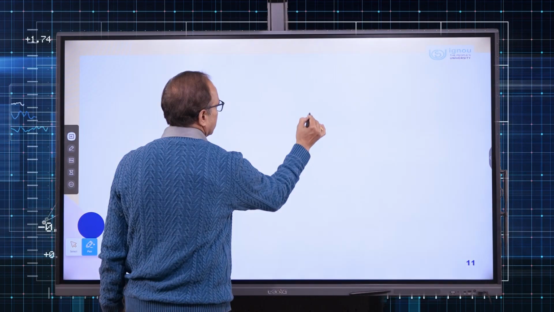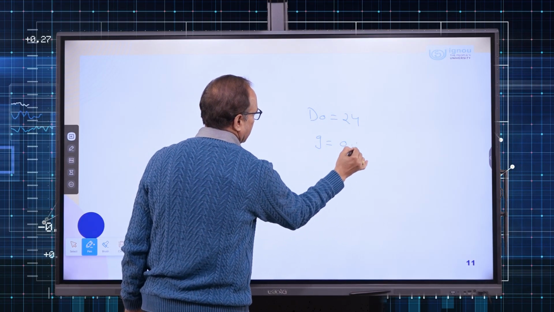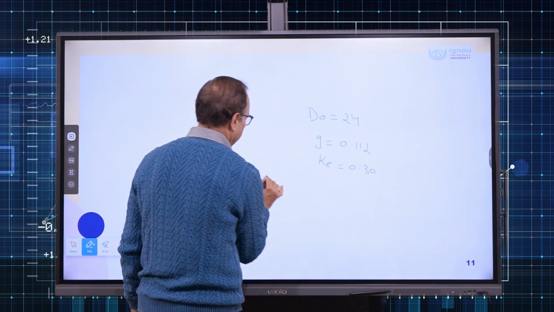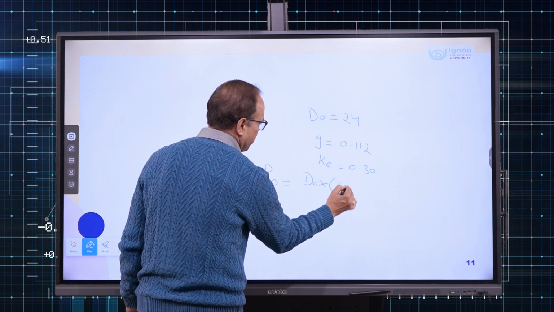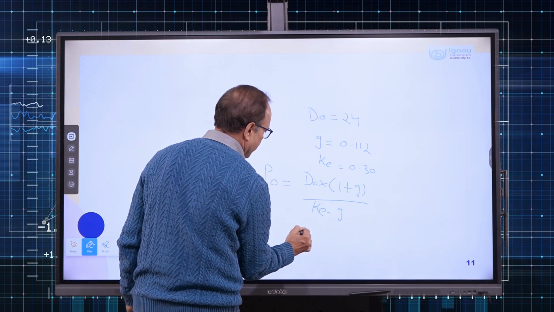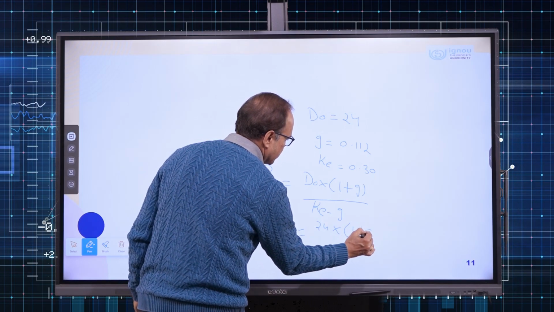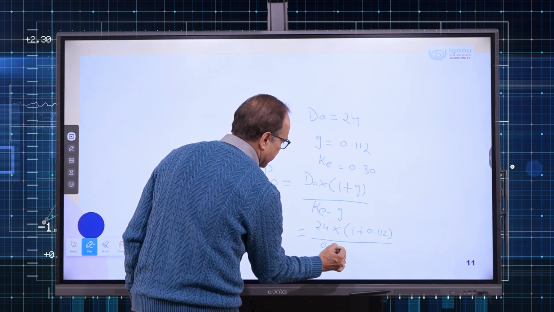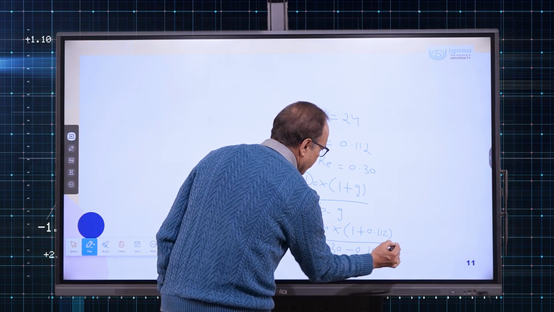So, we have D0 24, G is 11.2% and KE is 30%. Apply the formula P0 equals D0 multiplied by 1 plus G, divided by KE minus G. So, we have 24 multiplied by 1 plus 0.112, divided by 0.3, the expected rate of return, minus 0.112.